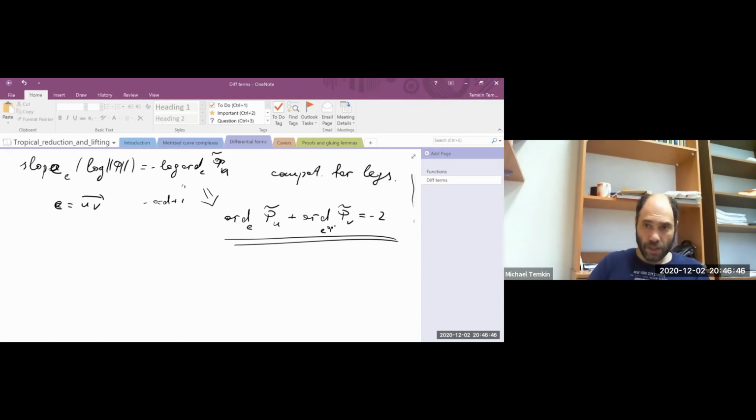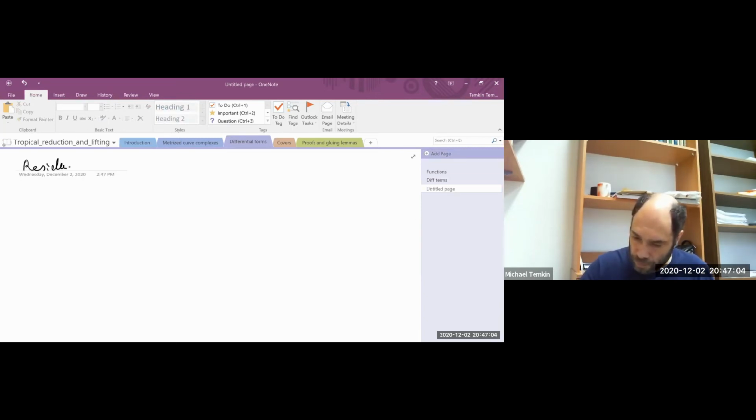Okay, good. Now one might hope that this is all, but that's not all. There is one more invariant of differential forms one has to take into account, and it is a residue. So if A is an annulus, functions on an annulus are just convergent Laurent series in the variable t. So this is the annulus given by the absolute value of t between R1 and R2.